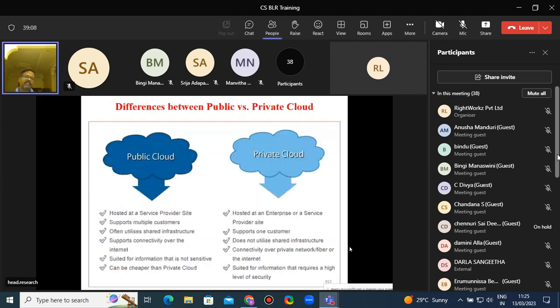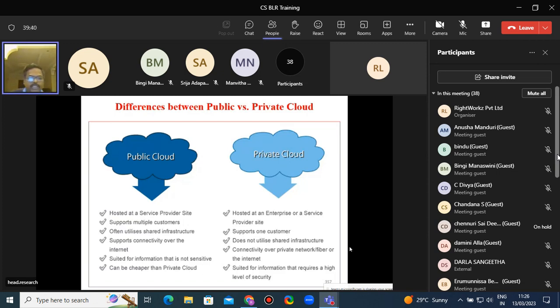Then what is the difference between public versus private cloud? Public cloud hosted at a service provider site, whereas private cloud hosted at an enterprise or a service provider site. Public cloud supports multiple customers. Private cloud supports only one customer. Public cloud often utilizes shared infrastructure. Private cloud does not utilize shared infrastructure.